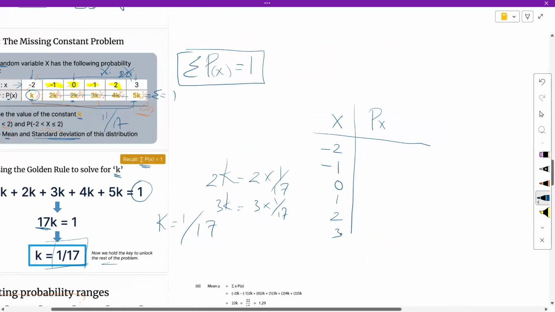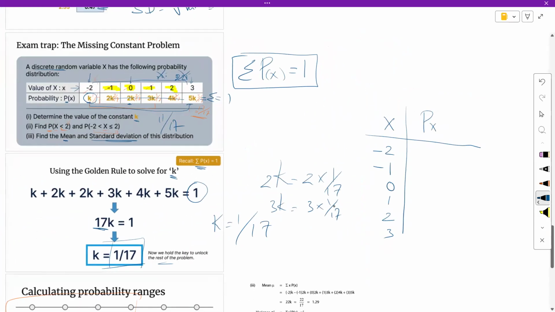Then probability: k is 1 over 17, and for minus 2, 2 over 17; 0, 2 over 17; 1, 3 over 17; 2, 4 over 17; and 3, 5 over 17. The sum of probability of x always equals exactly 1.